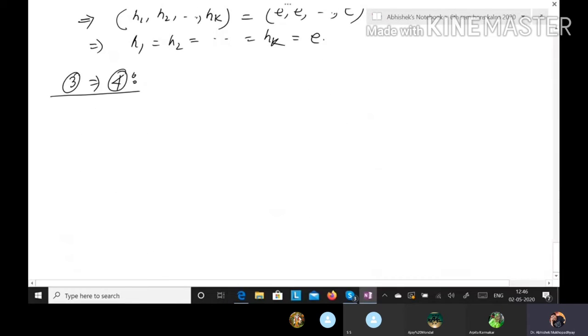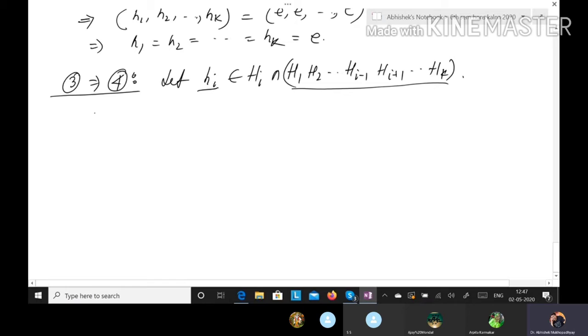So let us suppose that some Hi is common to both. Since this Hi belongs to this one, it must have a representation (H1, H2, ..., Hi-1, identity, Hi+1, ..., Hk), with the ith term being the identity.